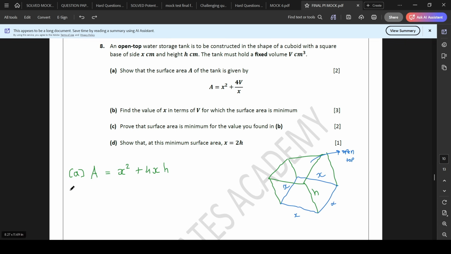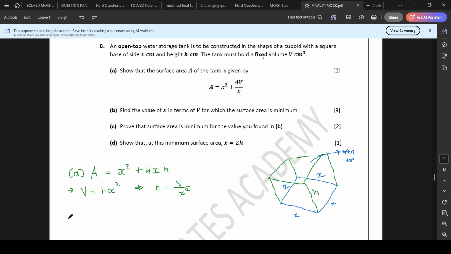Now, because I want my answer in terms of V, it means h is not there. But now I know that volume is equal to base area times height, which is hx square. Now from here I can say that my h is equal to V by x square. I'm making h the subject.